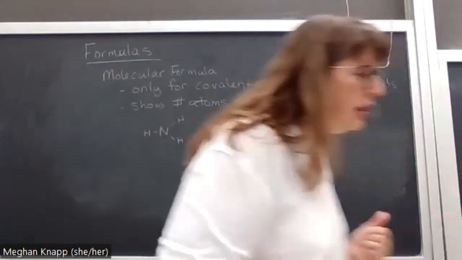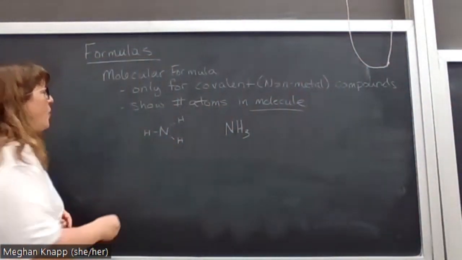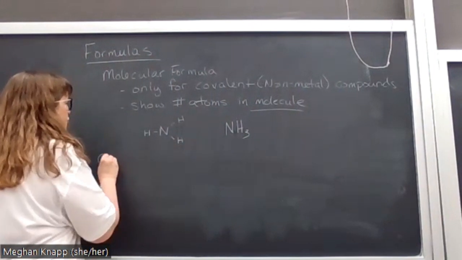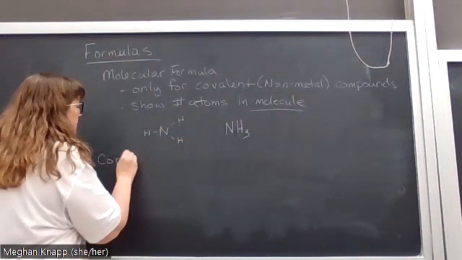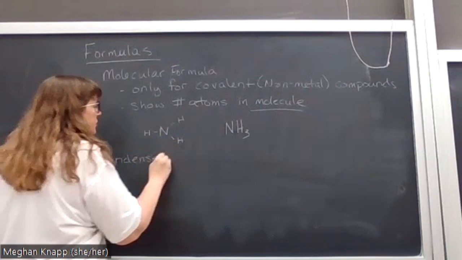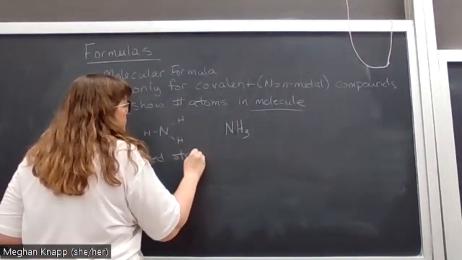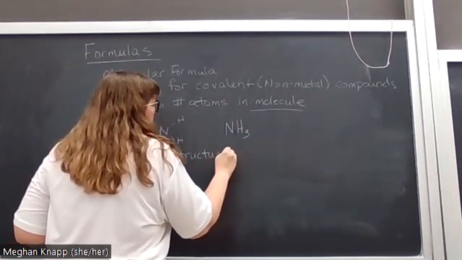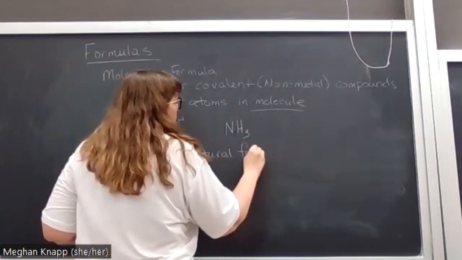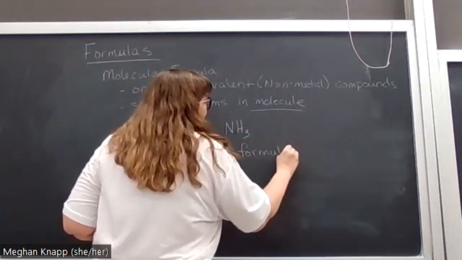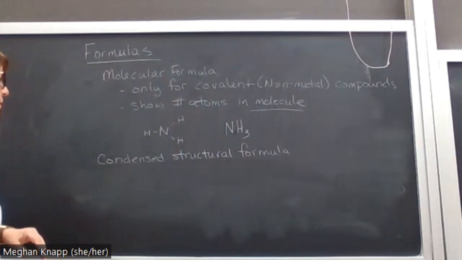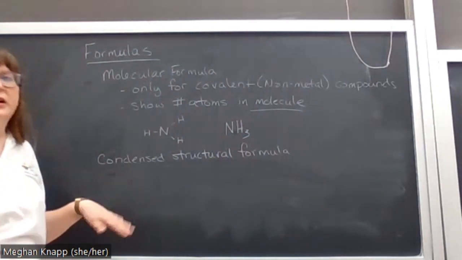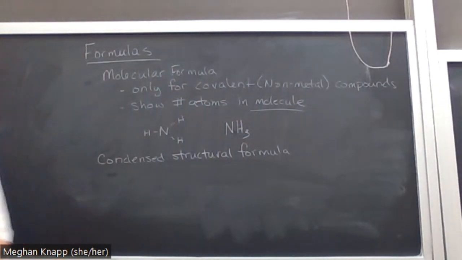As we mentioned, we might also have a condensed structural formula. And this is a kind of molecular formula. So the condensed structural formula is still showing all of the atoms and all of the elements.